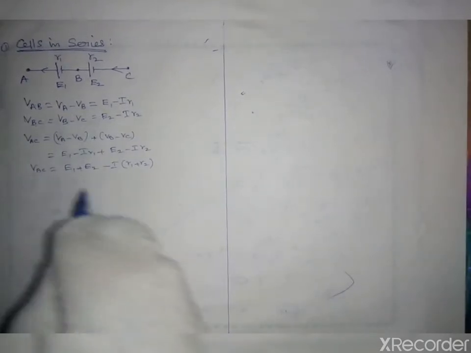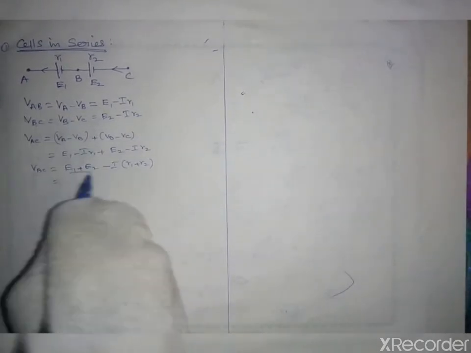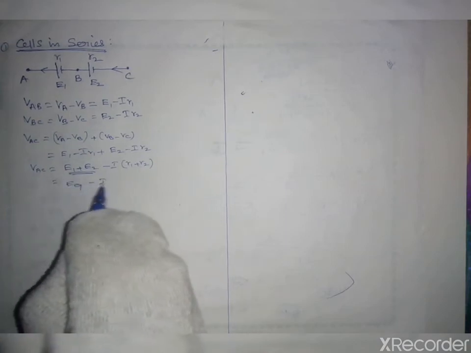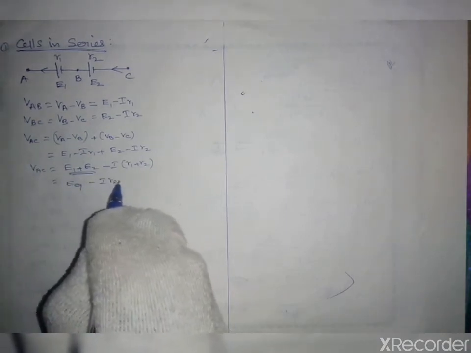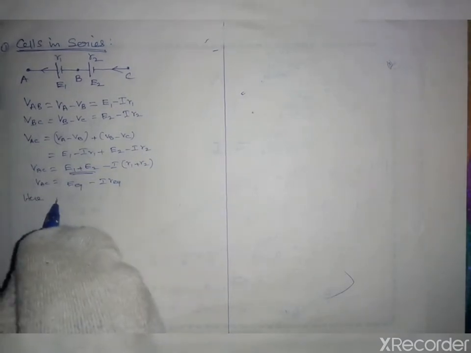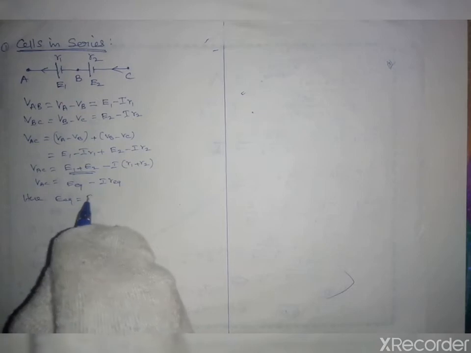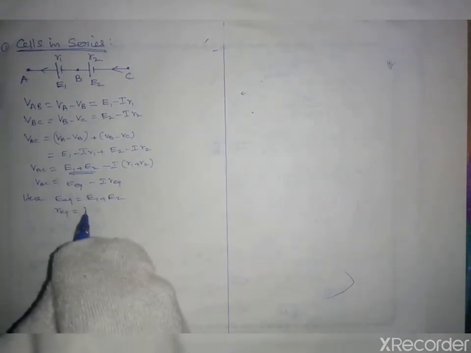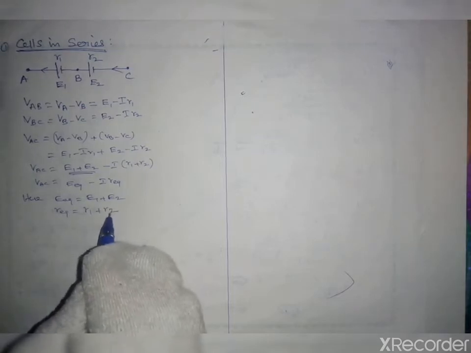So this is VAC, we can write this as V equivalent, E equivalent minus I into r equivalent. So here E equivalent equal to E1 plus E2, and r equivalent equal to r1 plus r2.